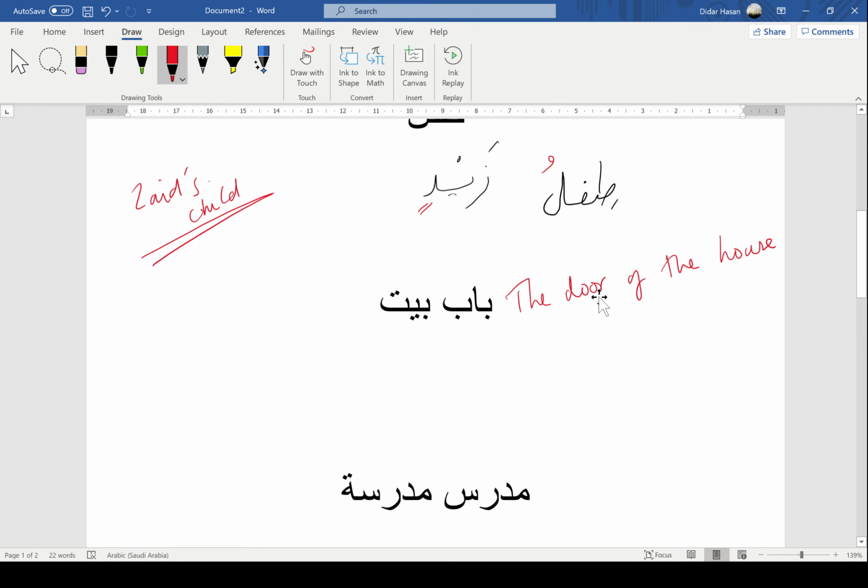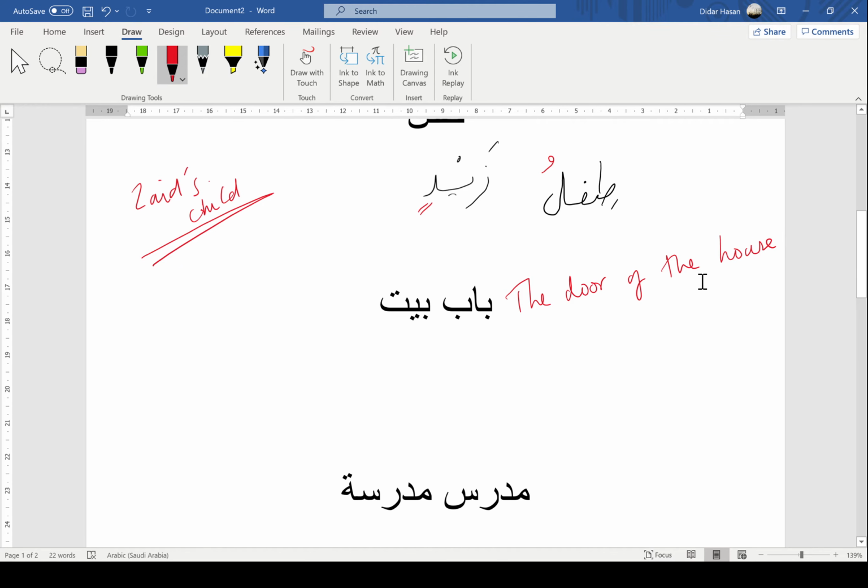The door of the house: the house is actually the possessor, because the door belongs to the house. So the house is the possessor here.